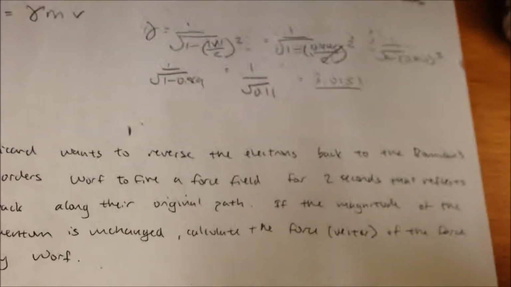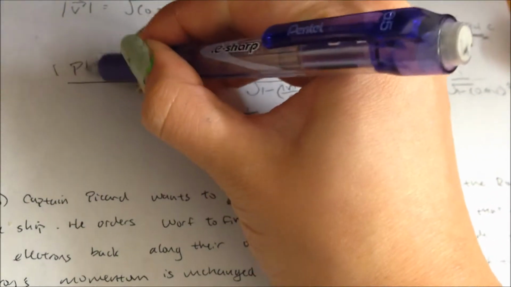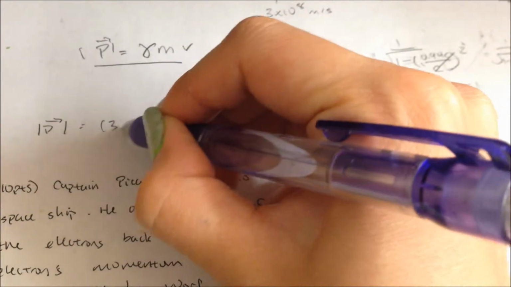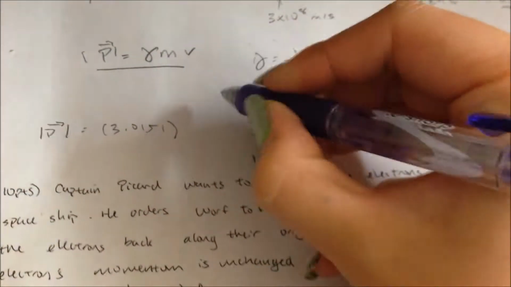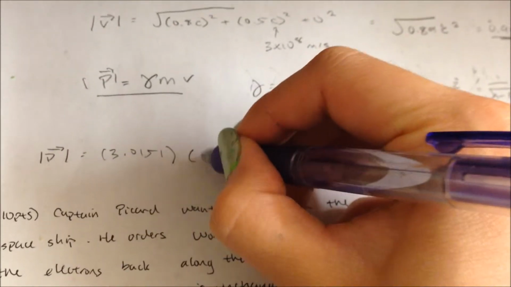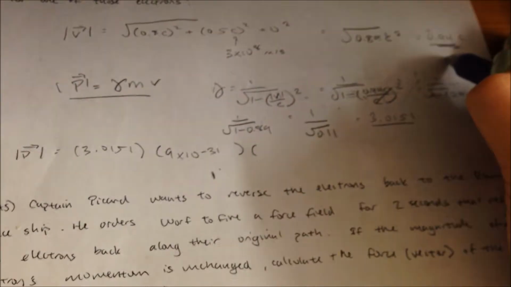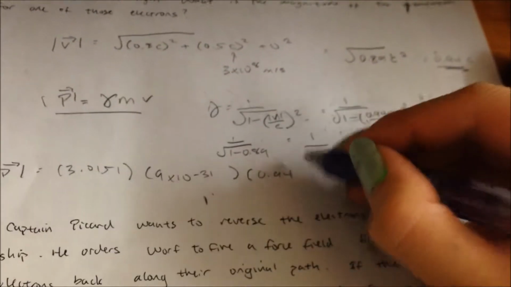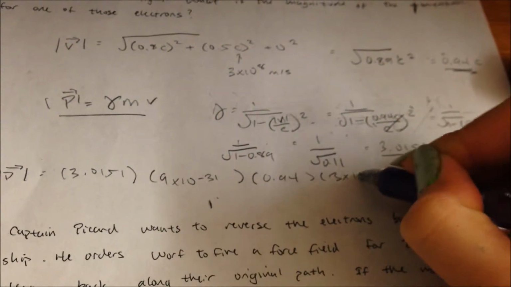So after you have the value for gamma, you can go back into this equation to find the magnitude of the momentum. The magnitude of the momentum is equal to gamma, which we just found, 3.0151, times the mass of the electron, which is 9 times 10 to the negative 31, times the velocity of the electron, which is 0.94 times c, and c is 3 times 10 to the 8th.